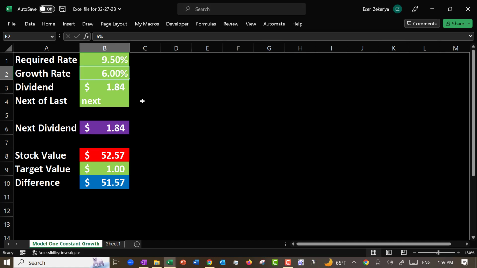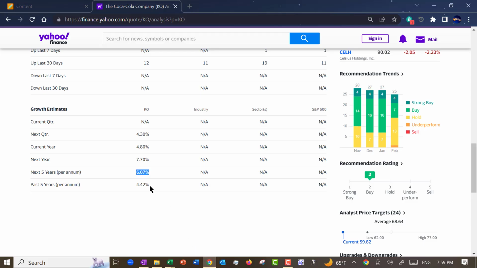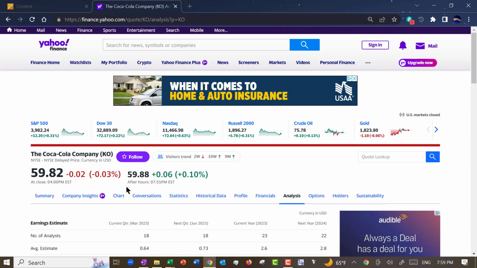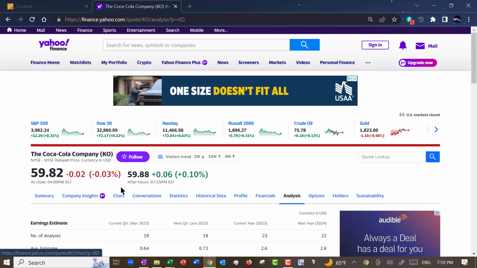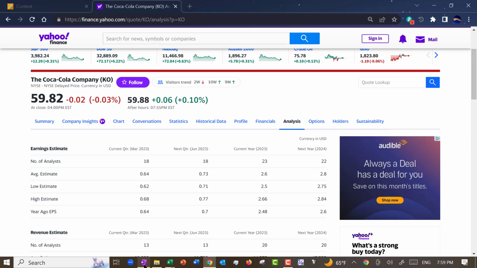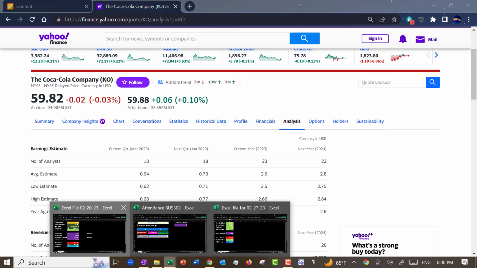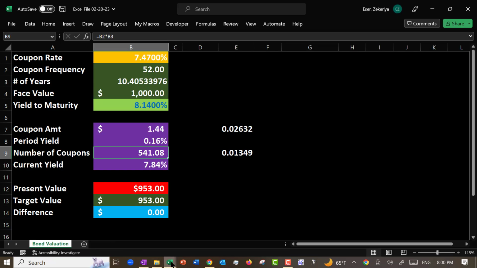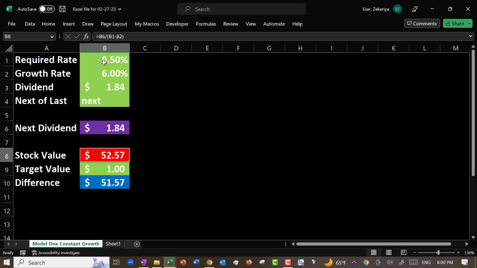Again, Data, What-if Analysis, Goal Seek, make that a 0 by changing the required rate. That's not too unrealistic, actually, in Coke's case, for reasons that I'm not going to get into in this class. But in Finance 301, we would get into that. Or alternatively, if you do believe in the 9.5%, what would be the implied growth rate to give you that price?